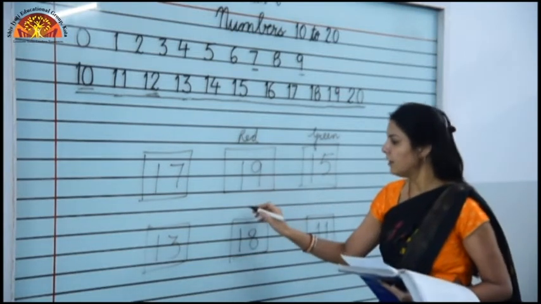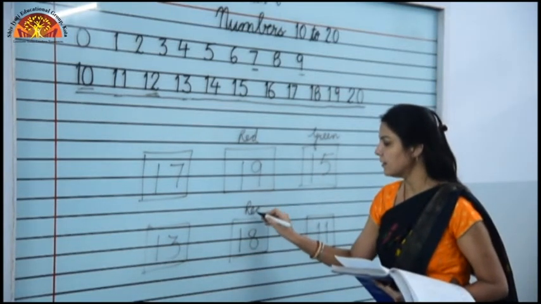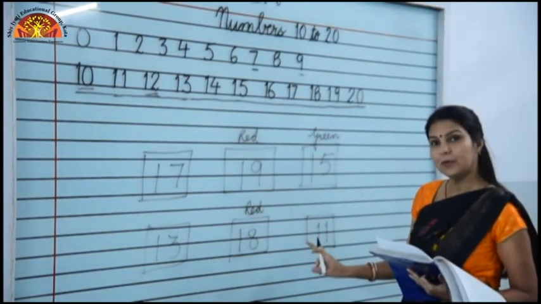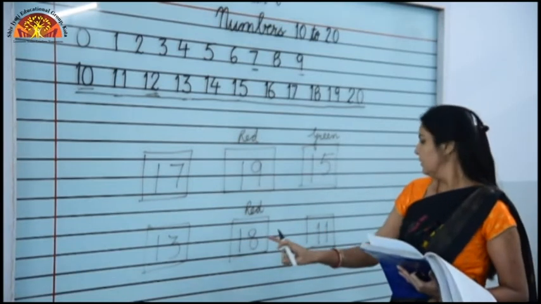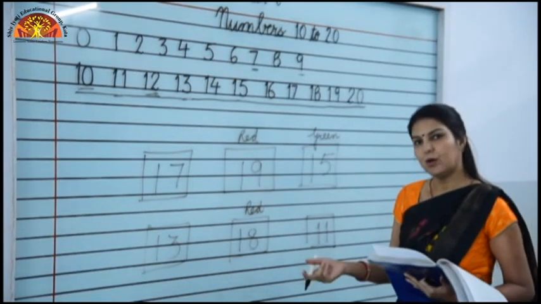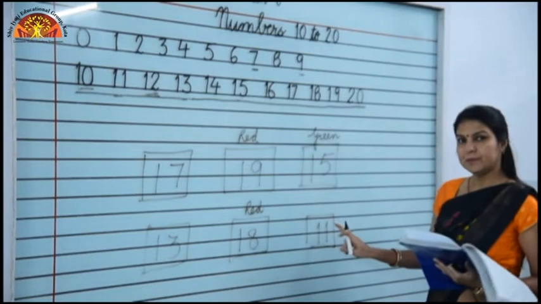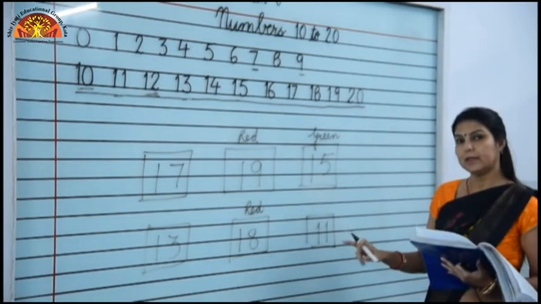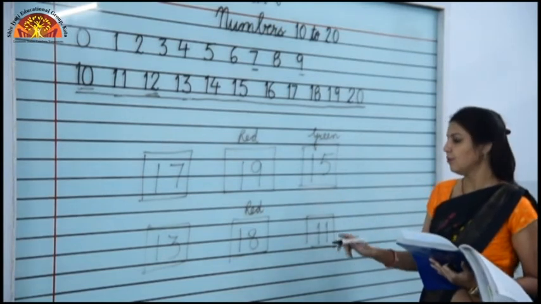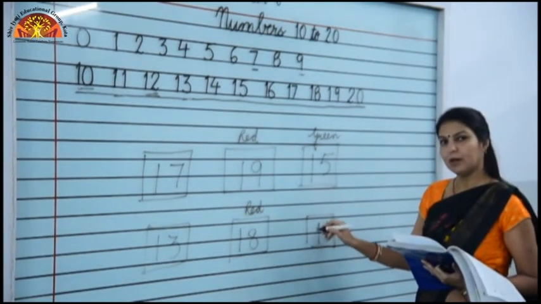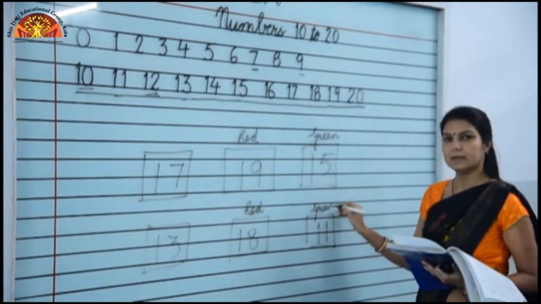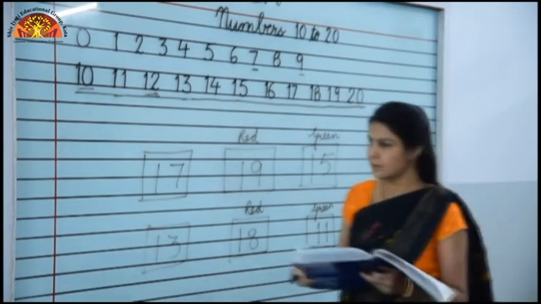We will fill red color inside it, and which number comes first in the counting among these three, that number will be smaller. 11 comes first and it is nearer to 0, and we can say it is closer to 0. So, this will be smaller and we will fill green color inside it. I hope you have understood.